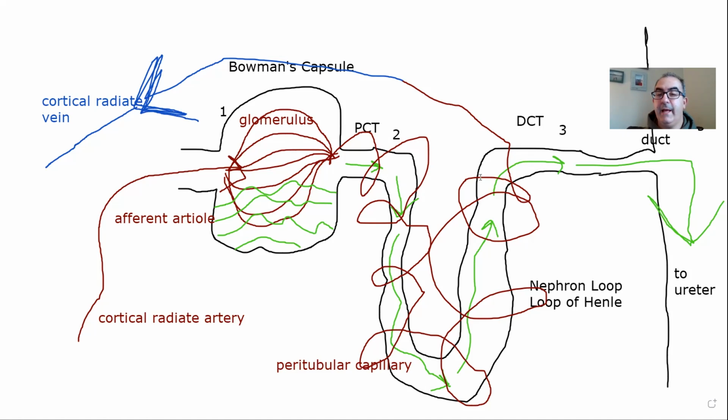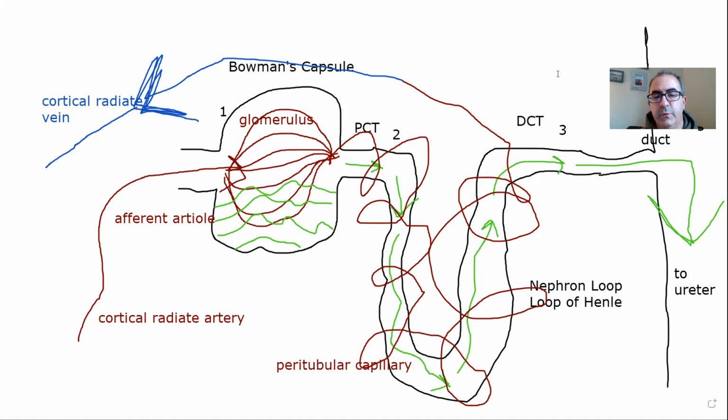It's kind of the last chance to get anything that's still in your blood into the tubule. So a lot of times things like medications get passed at this point, they get filtered out of your bloodstream, passed into that tubule so they can make their way to the urine to get out of your body. Okay, so step 1, glomerular filtration. Step 2 is tubular reabsorption. Step 3 is tubular secretion.